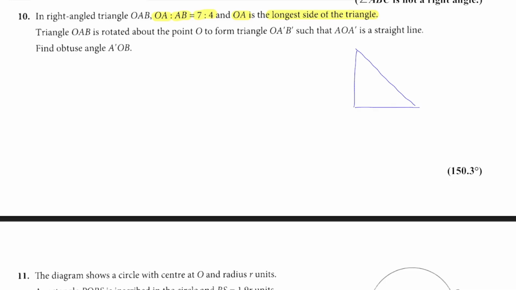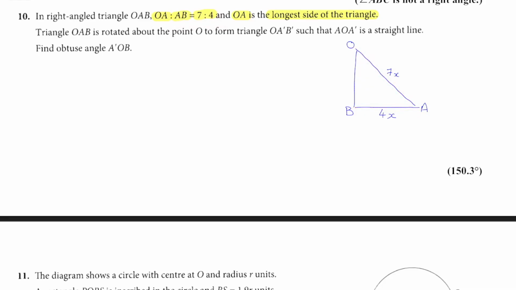So this tells us that OA is the hypotenuse. Then the next point, this will be B. So 7:4, so we say that OA is 7x, and AB is 4x. With this information, we already have a trigonometric ratio.